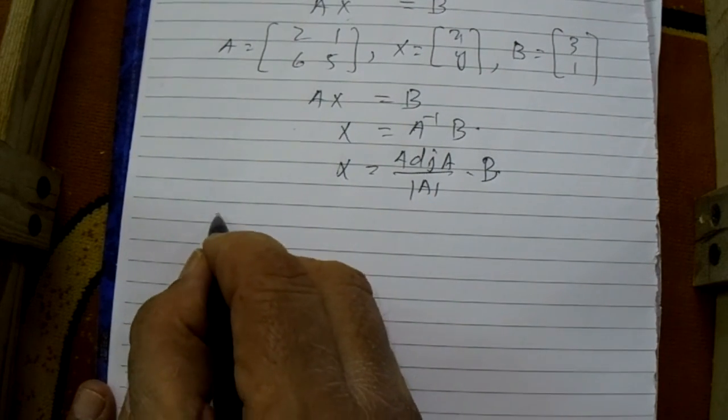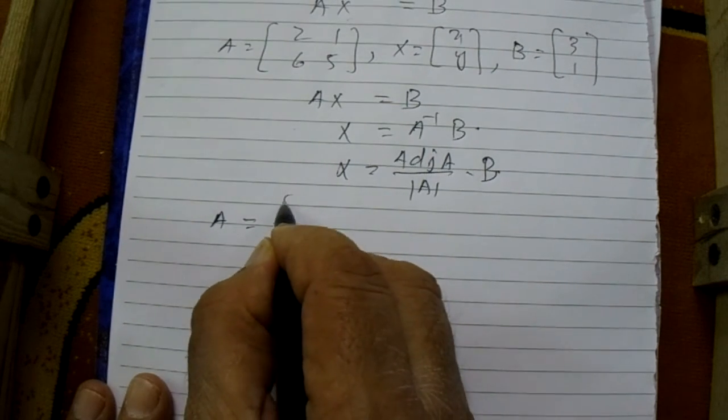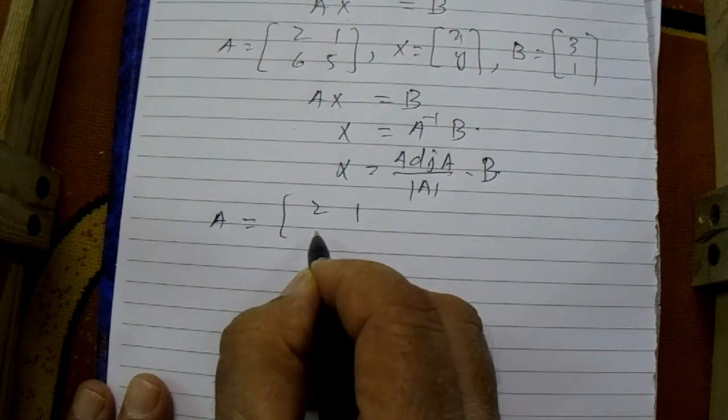Now we know that the A matrix is 2 1 6 5. Now this is our determinant A. Determinant A is equal to 2 1 6 5.